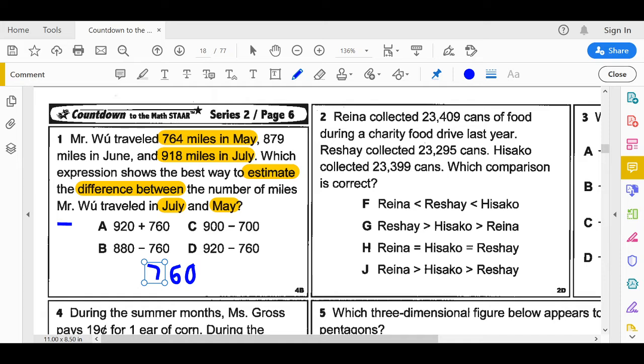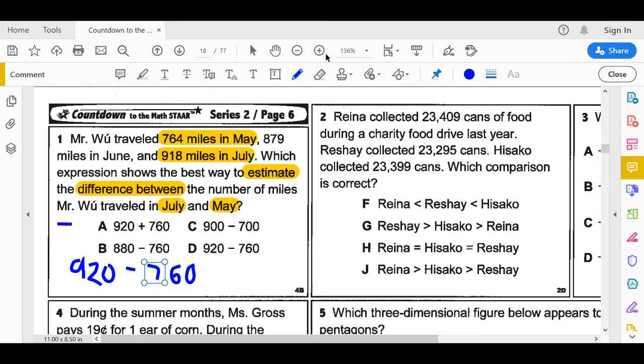And a good estimate, if I'm going to check the one on July, is going to be 920. So 920 for July and 760 for May. Remember that we are trying to find the difference, so I'm going to subtract those two.